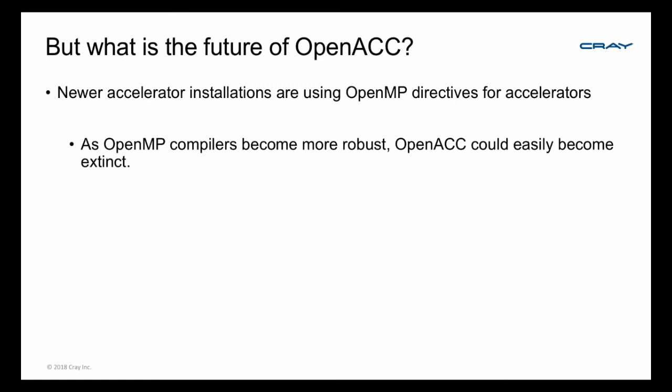And as these OpenMP compilers become more robust, I think OpenACC could become extinct. There is a lot of usage of OpenACC, but I think eventually, because I'm going to show you it's pretty easy to convert from OpenACC to OpenMP.